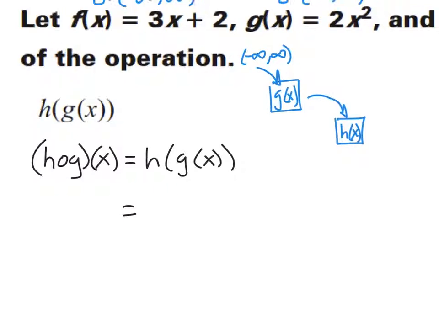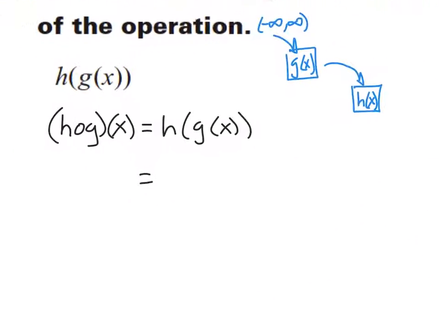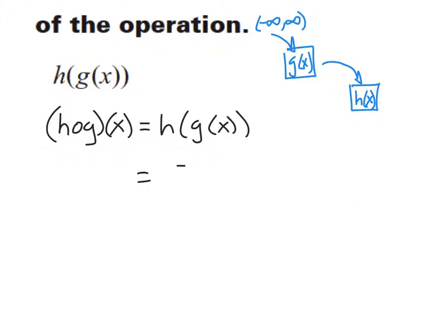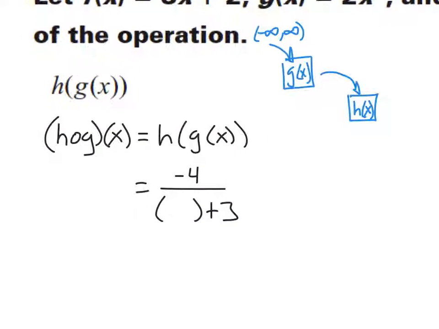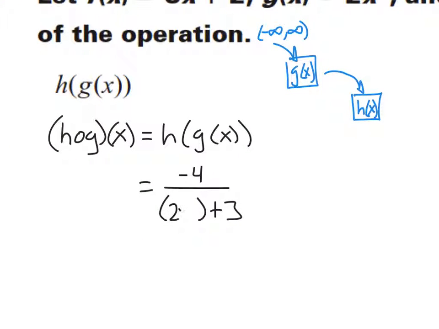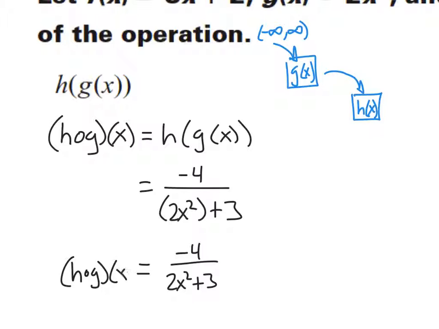H of x was -4 divided by x plus 3. So I have -4 divided by x plus 3, and I'm plugging into it the g of x function, which is 2x squared. If I simplify that down, I get 2x squared plus 3 on the bottom. So that is my h of g of x function.